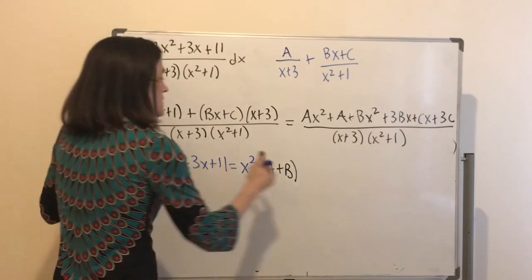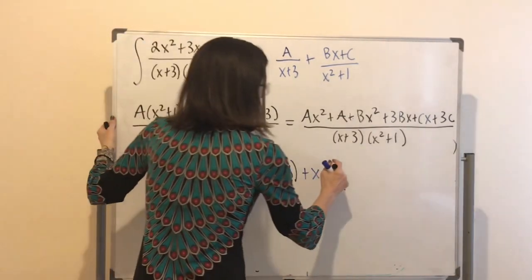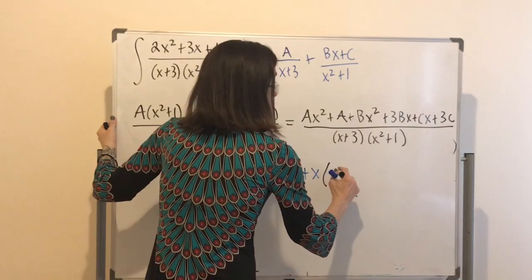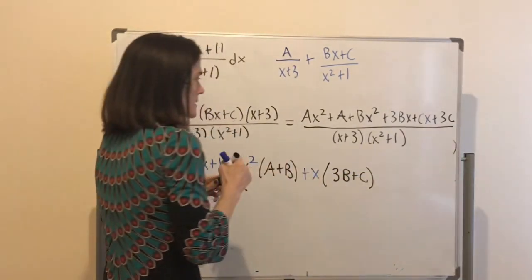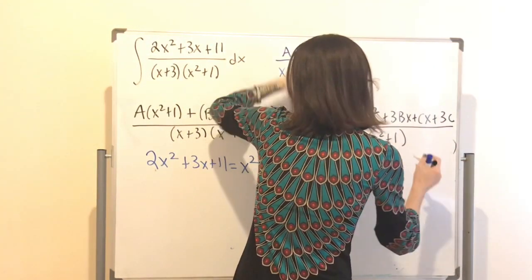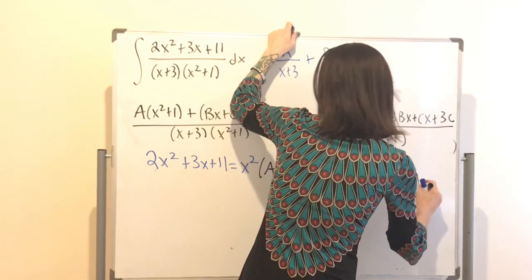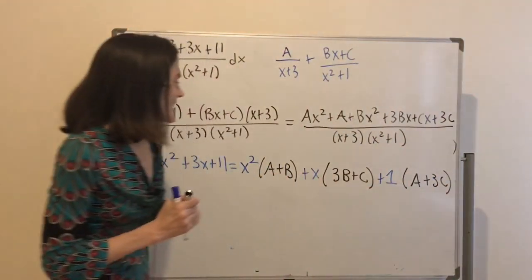Everything with the x, we have 3b plus c. Everything with a 1, we have a plus 3c.